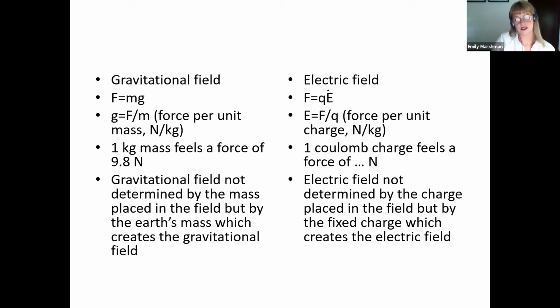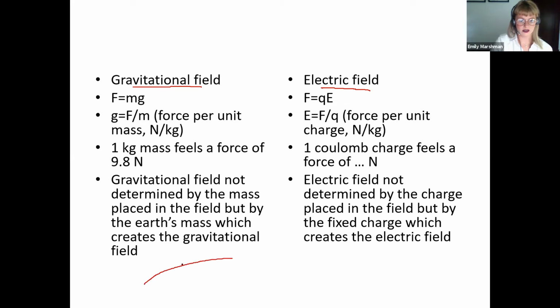Now, electric field is kind of a weird concept. It's hard to wrap your mind around. So what I do is make an analogy between the gravitational field and the electric field. Let's think about the gravitational field first, near Earth's surface.